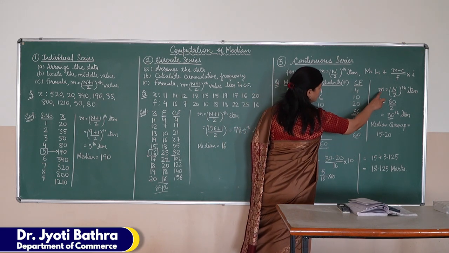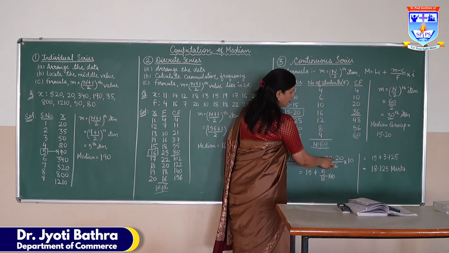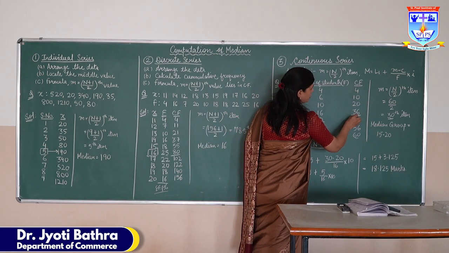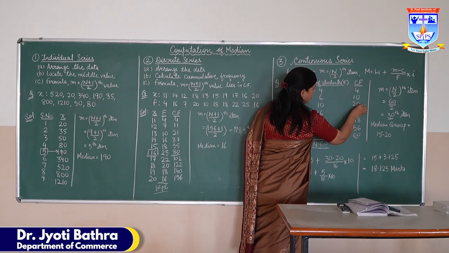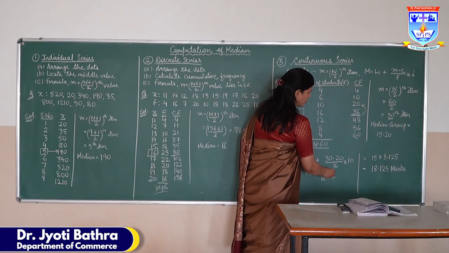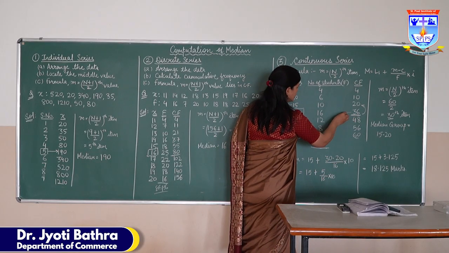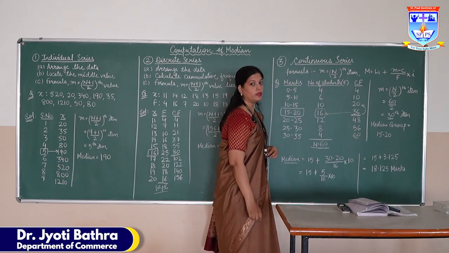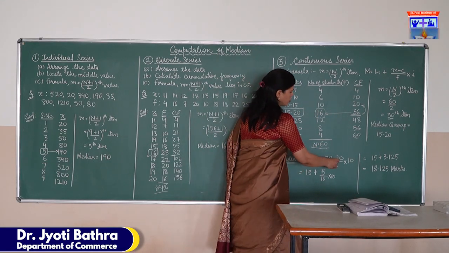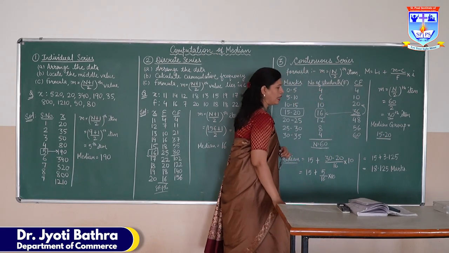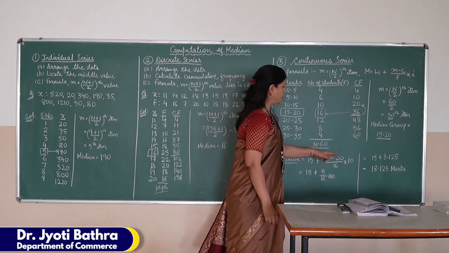30 is your small m, minus 20. Minus 20 means the cumulative frequency above where the 30 is lying. That is divided by 16, the frequency of the median group, into 5, the class interval of the median group.